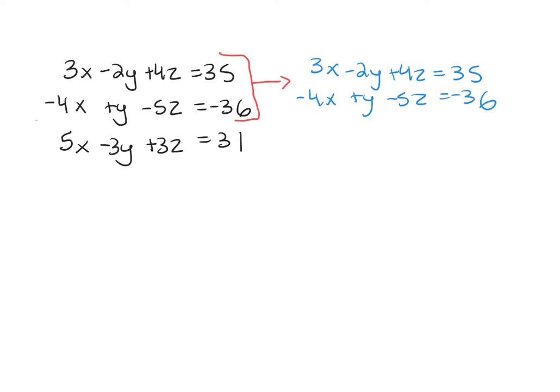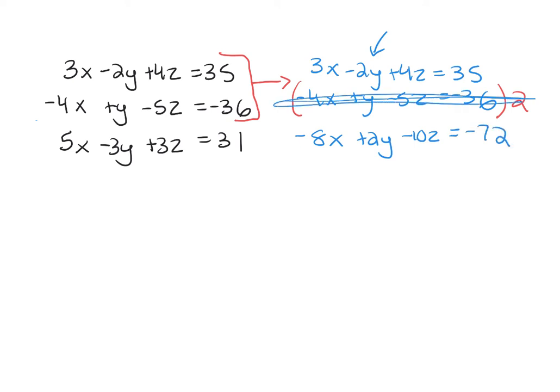When I rewrite those two equations, I can see the y variables will be easy to eliminate if I multiply the second equation by 2. So I'll have negative 8x plus 2y minus 10z equals negative 72, and I no longer need that equation. And I can add these equations together.